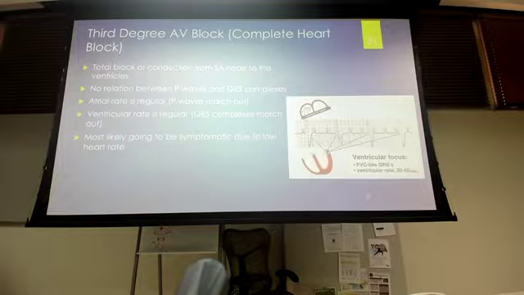The problem is the AV node, or something in that junction, is not allowing any of those depolarizations to go down to the ventricle. But the SA node doesn't know that, so it's firing along, 60 to 100. Ventricles aren't receiving any impulse from above. So the ventricles are like, well, I guess I've got to take over pacemaker responsibility because no one else is doing it, so the ventricles are firing.